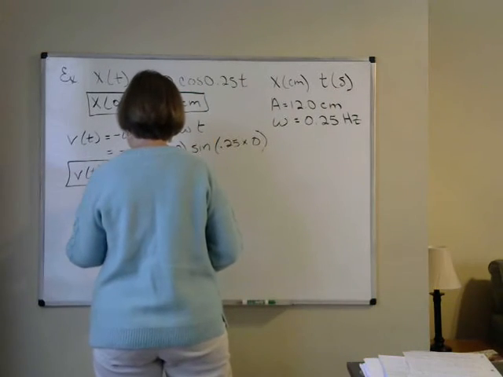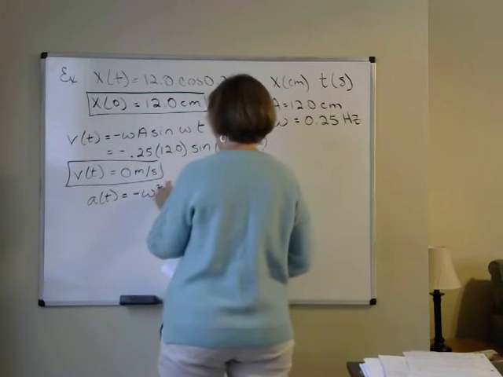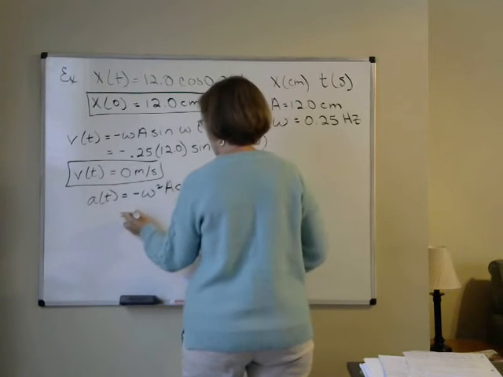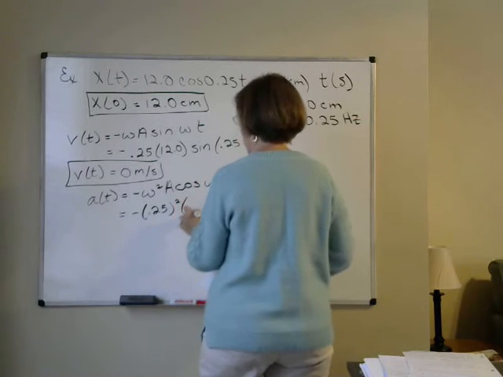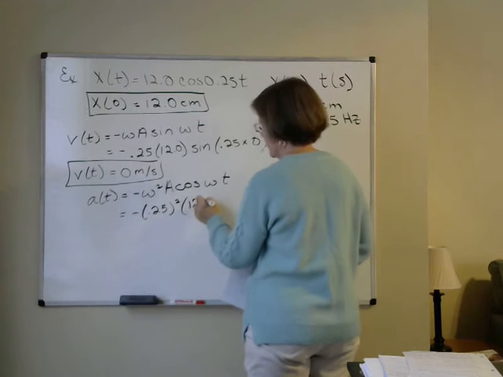Our acceleration, negative omega squared A cosine omega t, is going to be negative 0.25 squared times our amplitude, which was 12 centimeters.